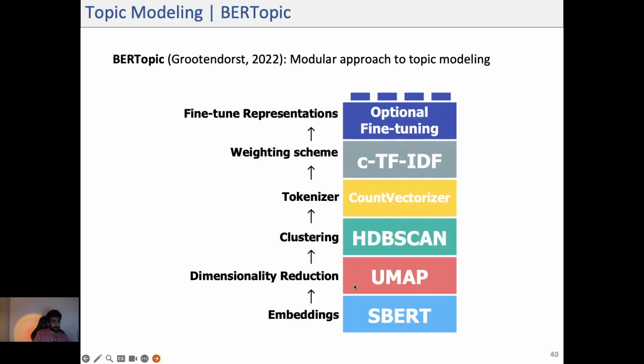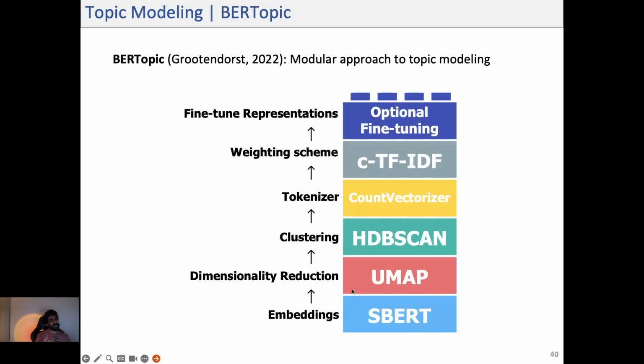We start with SBERT, or sentence BERT. This takes our raw documents and turns each one into a dense numerical embedding. So each document is now a vector that captures its meaning and semantic content. But how about the dimensions now? Those embeddings are really highly dimensional, maybe 768 dimensions.